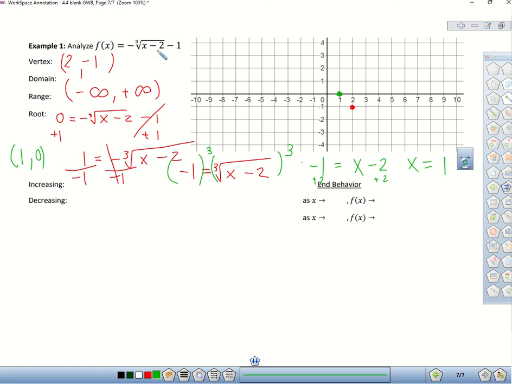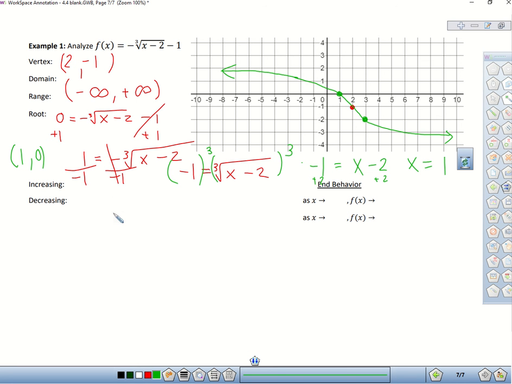Cube root of 1 is 1. -1, that's going to be 2 right here. So you just plug in a point to find it. And they always have this shape right here. So you're going to start recognizing this more often once you start seeing these. I just found this point by plugging in 3 for x. And it's always going to have that mirror reflection over the vertex. You kind of start seeing the pattern.